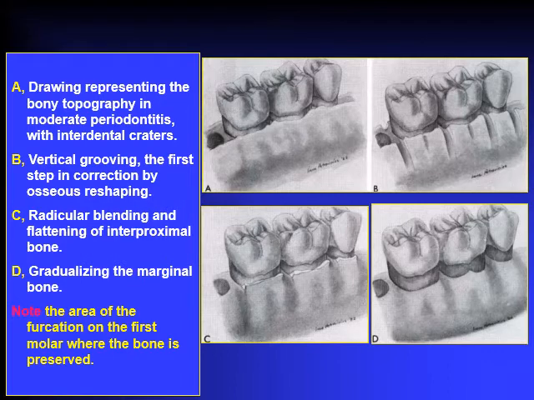This is the end result without baring of the furcation or without excessive removal of the marginal bone. This is a healthy situation in D, where you see the interproximal bone is more coronal than the marginal bone, or the facial bone or the lingual bone.